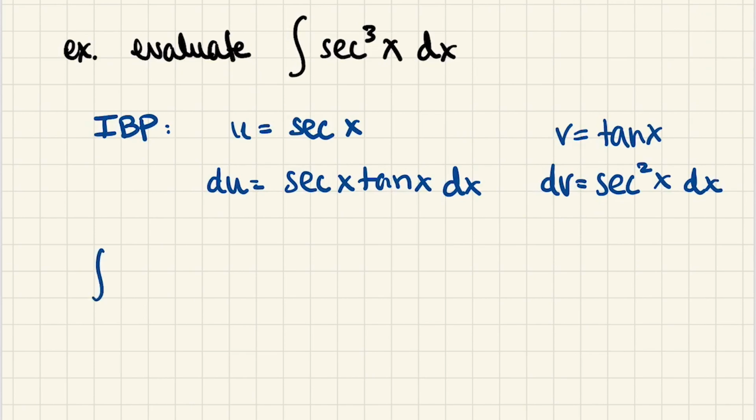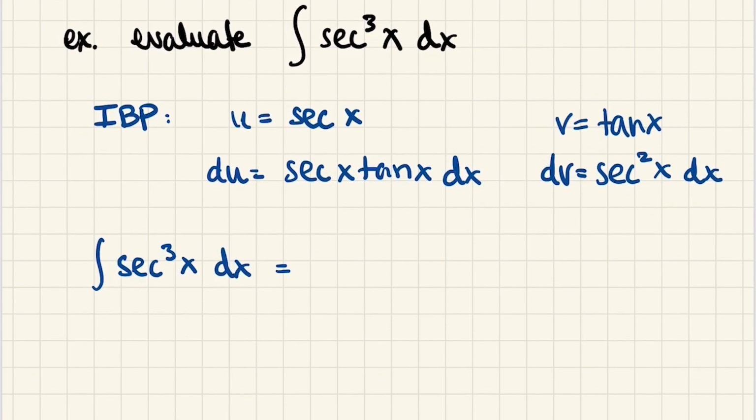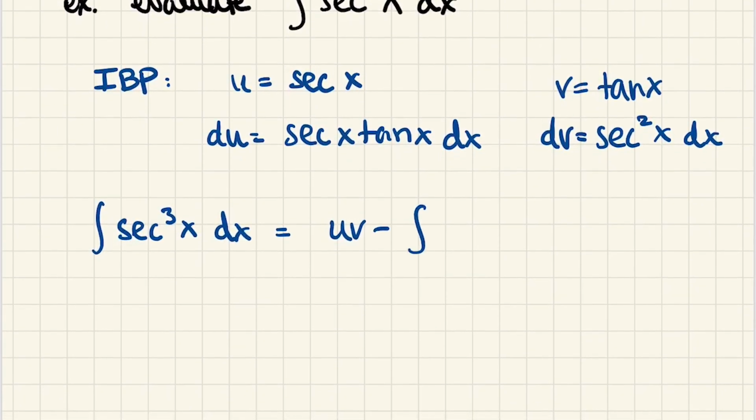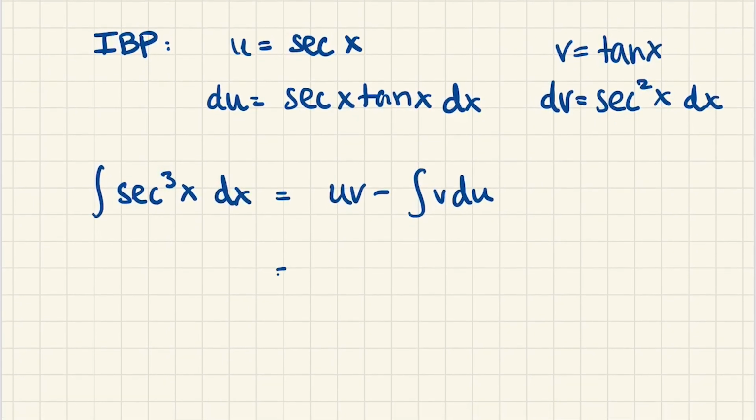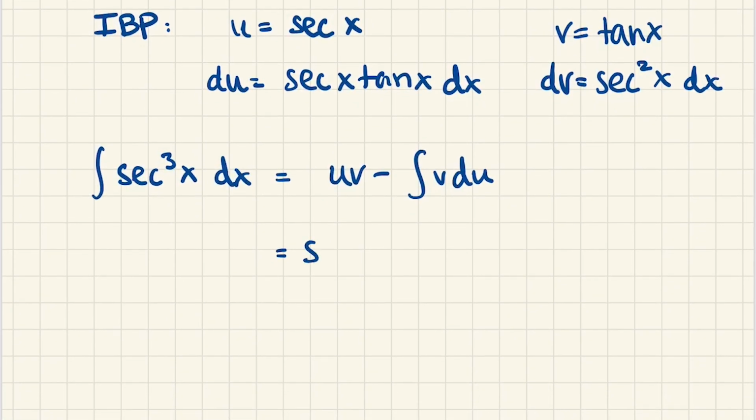So our integral becomes, u times v is secant of x tangent of x minus the integral of v du. Well, that would be secant of x times tangent squared of x.